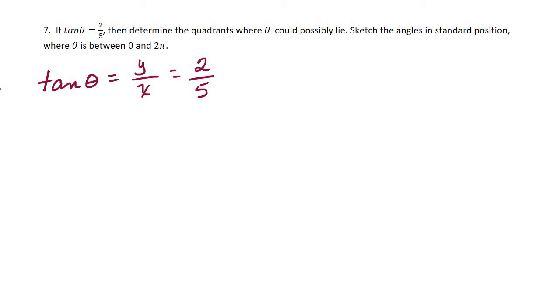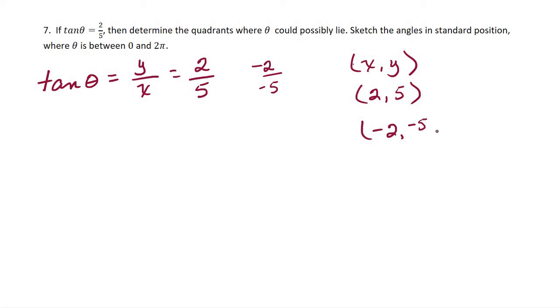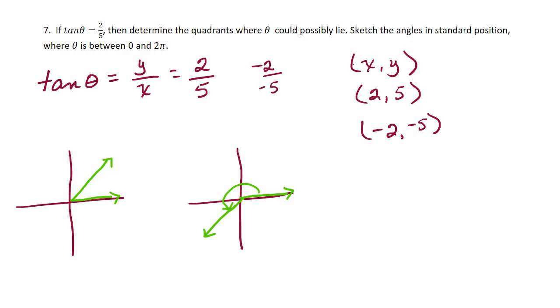We also could have them both being negative, so negative 2 for y and negative 5 for x. So if I'm looking at the coordinates x, y, I could have the point 5, 2, or I could have the point negative 5, negative 2. So I could have my angle in quadrant 1 or in quadrant 3, just like we saw in problem 3 earlier.